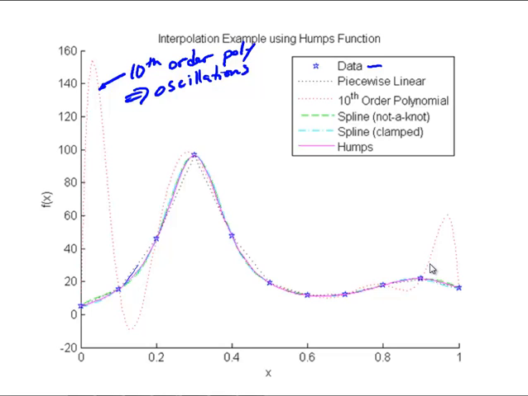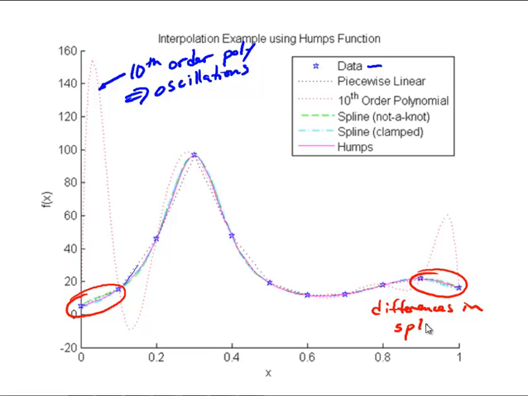If you look closely at this, and again I would encourage you to download the M file, run this code, maybe see what happens if you change the number of points, you'll see the differences in the splines are really only at the endpoints.